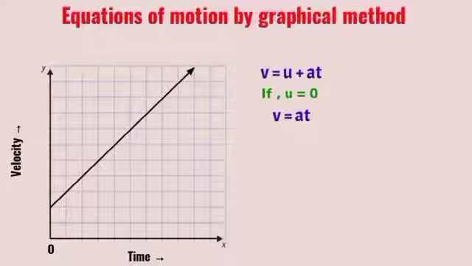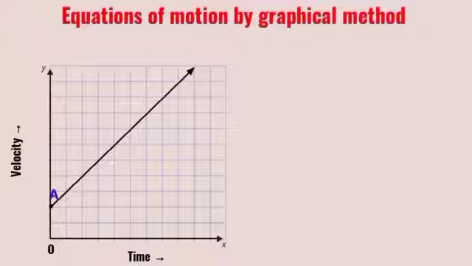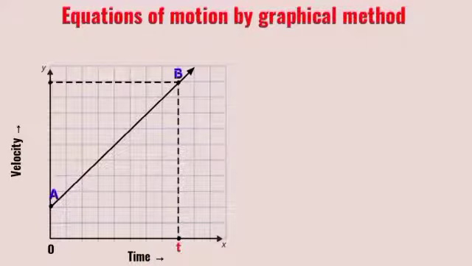Now consider an object moving from point A to point B with uniform acceleration. Now let us draw a line BE perpendicular to x-axis. The coordinate of B on x-axis is time t. Now draw a line BC perpendicular to y-axis.